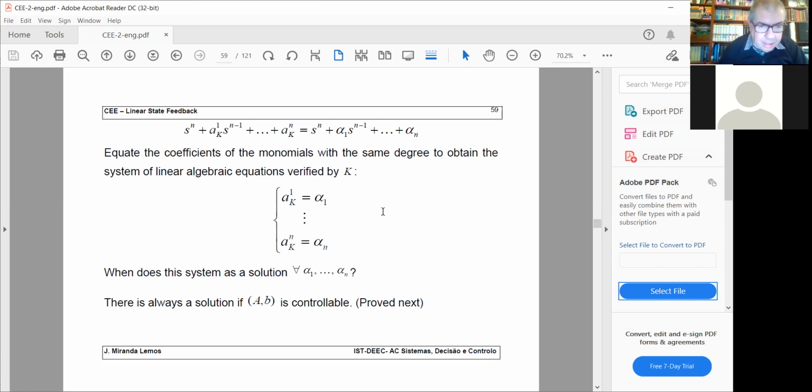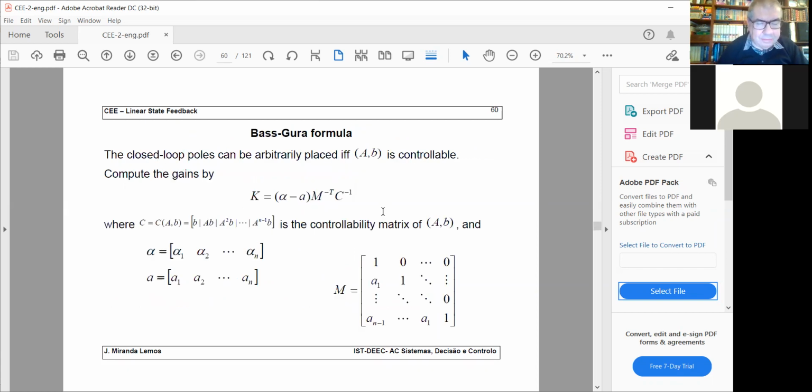But then I said, okay, we have some formulas. One of them is the Bass-Gura formula that allows you to compute the vector of gains in a systematic way. And this formula looks a little bit cryptic. So you have alpha and a. Alpha and a are defined here. So they are made of the coefficients of polynomials alpha of s and a of s.